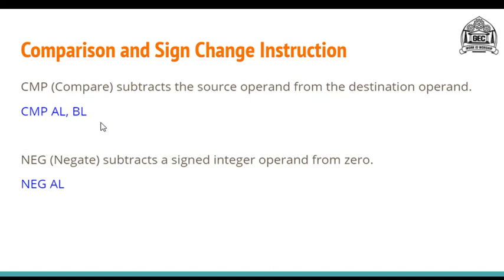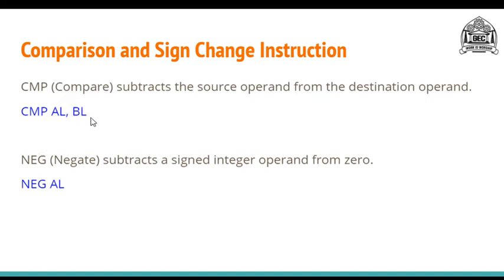Consider this example, students, as mentioned on your screen. CMP is the mnemonic for a compare instruction, and these are the operands. The first one is the destination operand, in this case AL, and the second one is the source operand, which is BL.